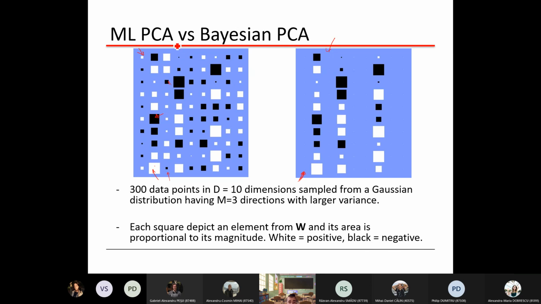On the fourth dimension, we have huge negative values and large positive values. So again, it is kept and so on. And as you can see, only 3 dimensions are kept. So the Bayesian PCA correctly identifies the number of dimensions for the principal subspace.